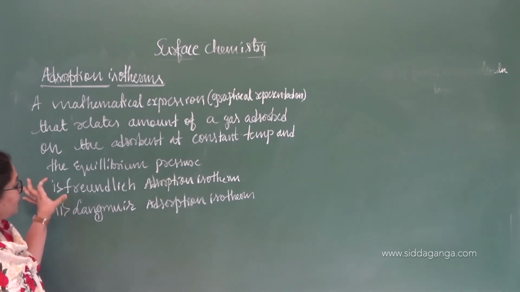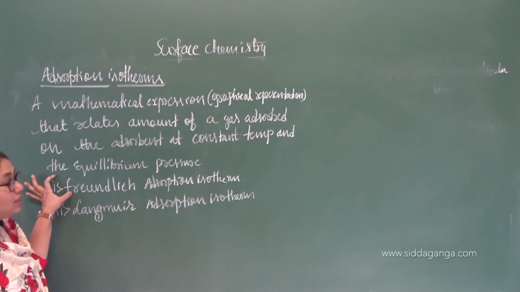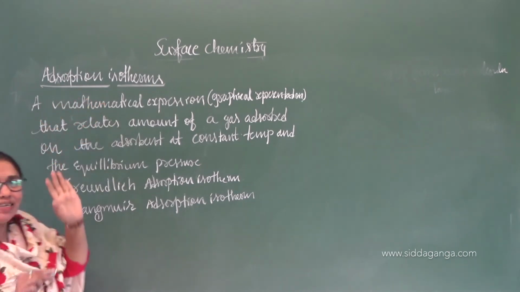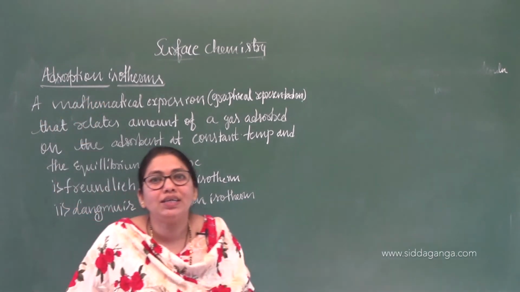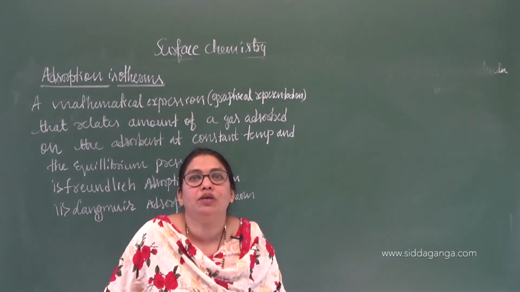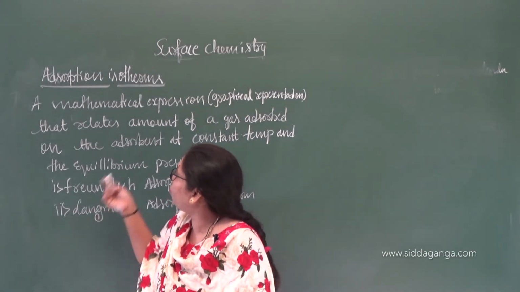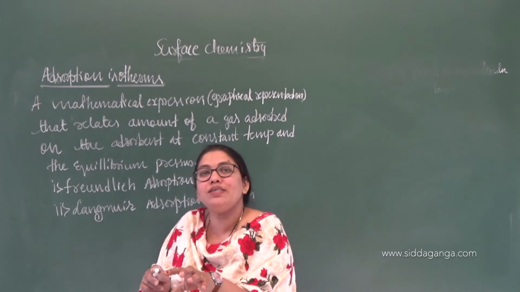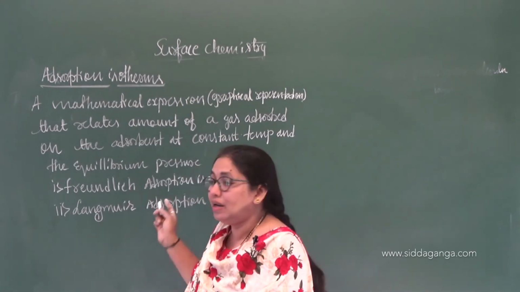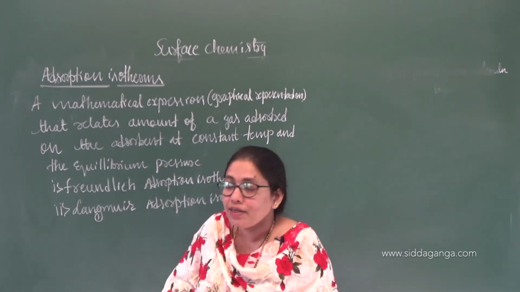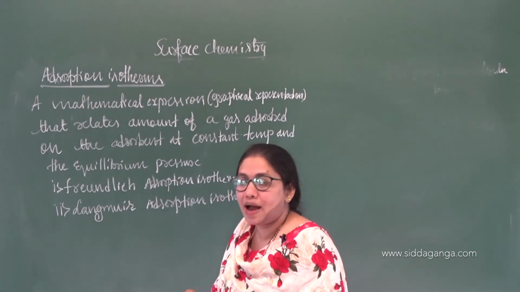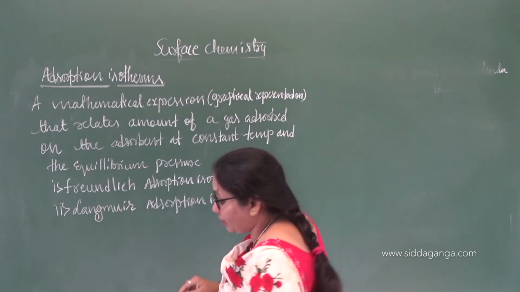Have you understood the meaning of adsorption isotherm? That is just a graph, or a formula or expression, where we can see the amount of gas adsorbed, the mass of the adsorbent, the pressure and the temperature. So the first one is Freundlich adsorption isotherm.